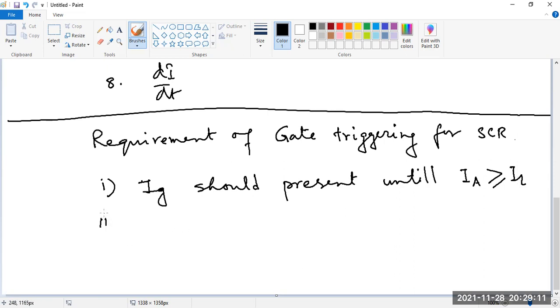So that is the criteria 1, the main criteria for any gate triggering circuit. Understood. Now, what is the second point? Any other thing have you observed?